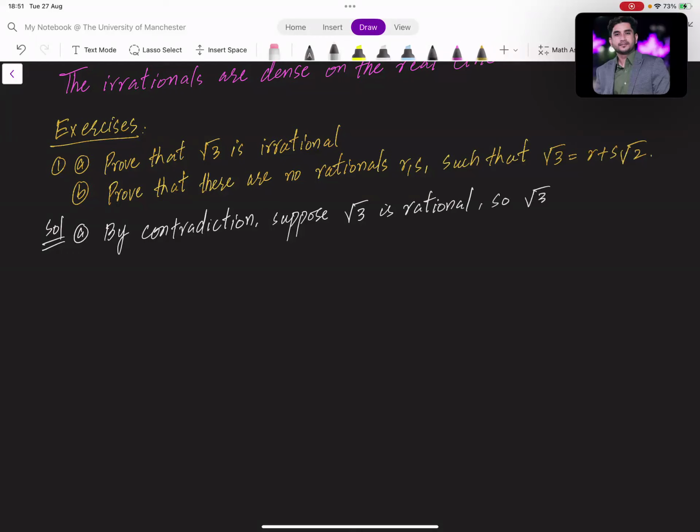So under root 3 can be written as m over n, where m and n are integers and m and n are in lowest terms.